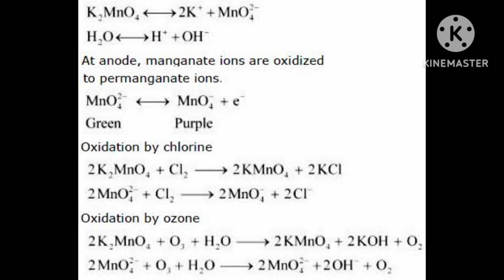Then H2S converts to 6H+ plus 3S plus 6 electrons. The balanced equation is 3H2S converts to 6H+ plus 3S plus 6 electrons.